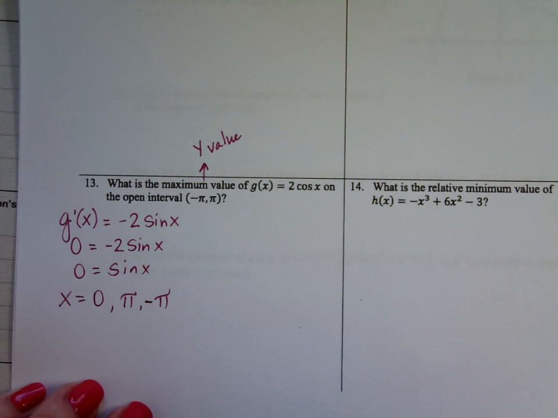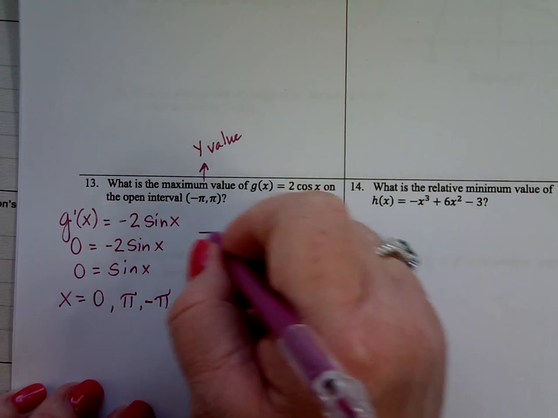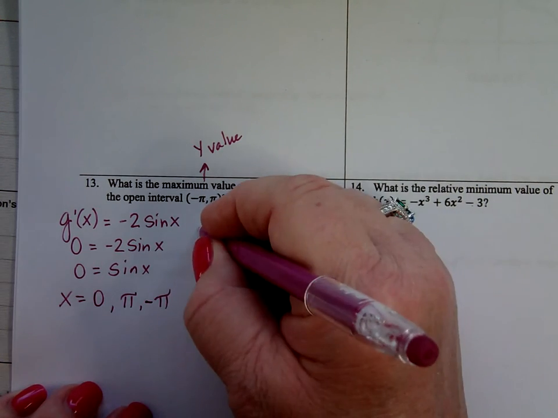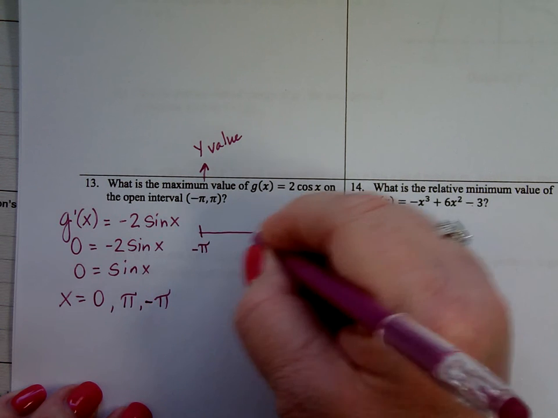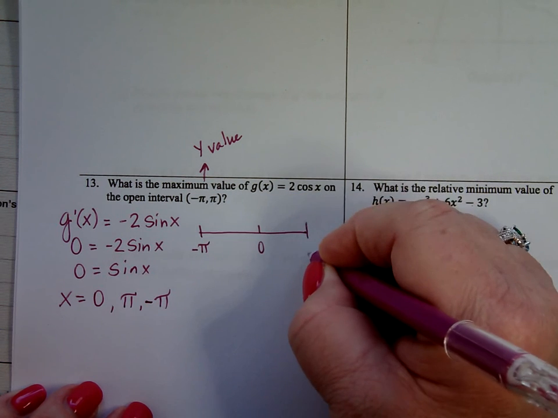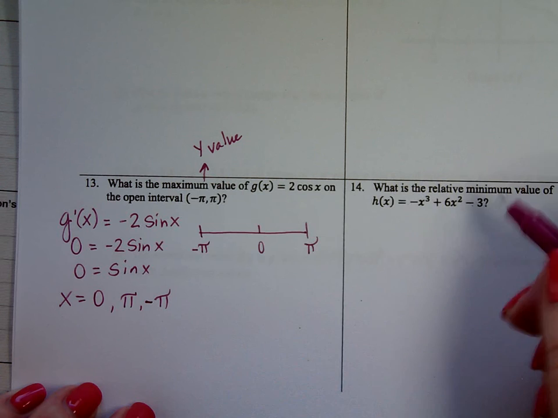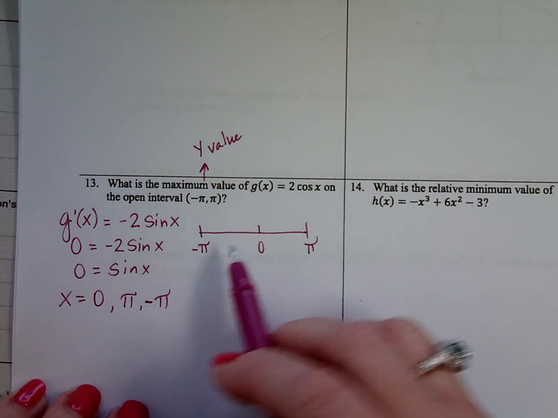So I make my sign chart, right? And look, they gave me endpoints here, so between negative pi and pi, I don't have to go beyond that because it would be out of the domain.